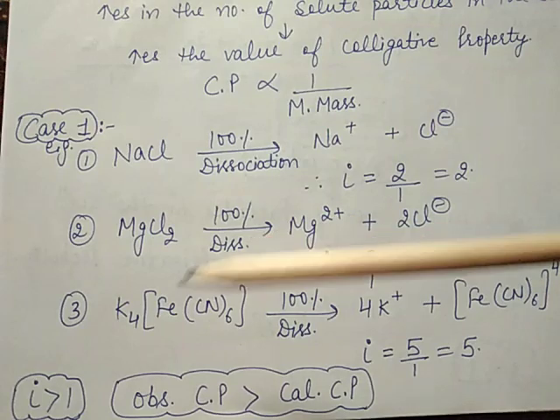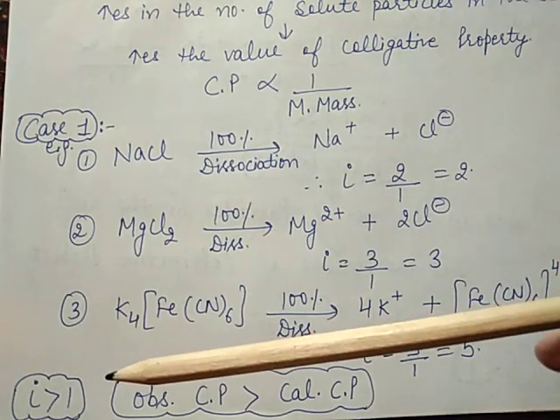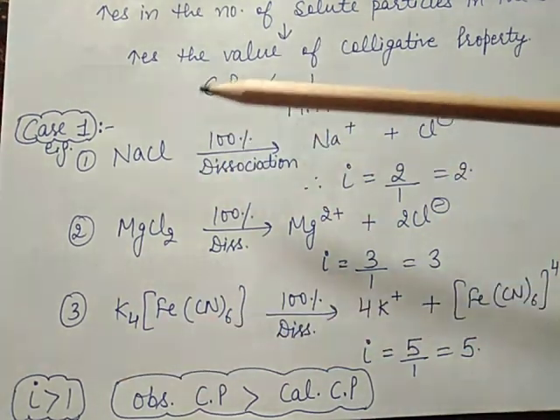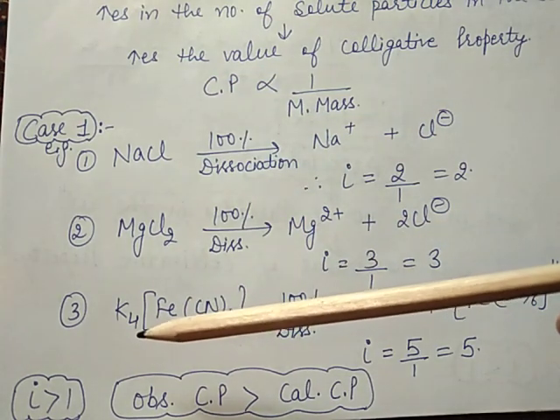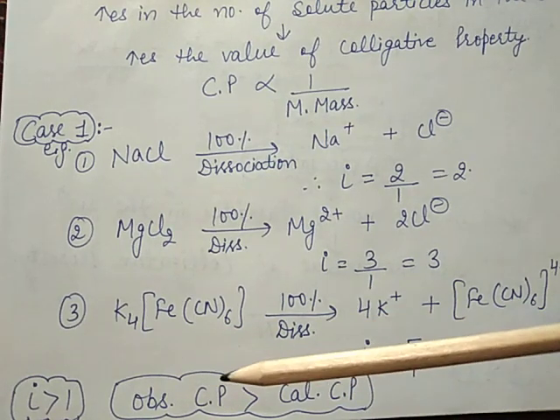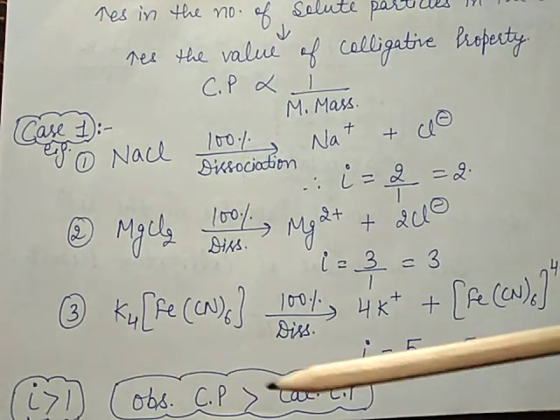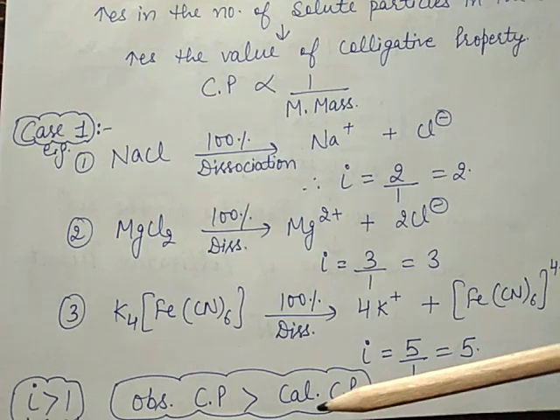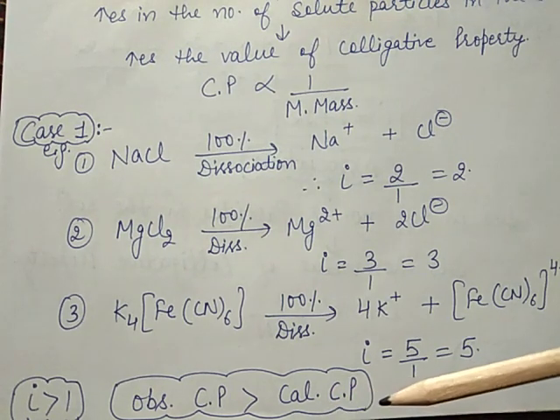It means when the iota is more than 1, it shows the dissociating particle, or observed colligative property is greater than calculated colligative property.